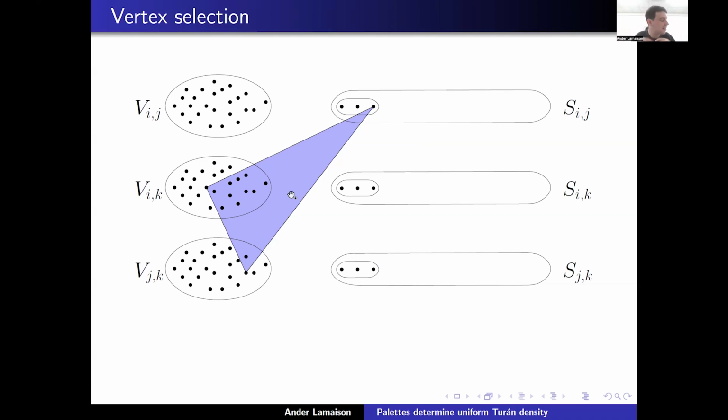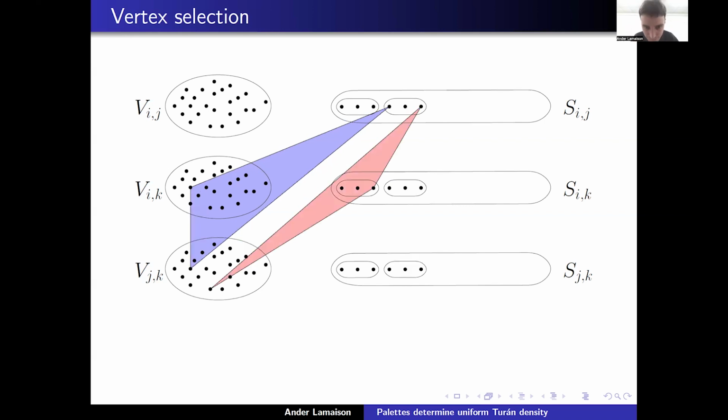And let's say that we will be happy if this is roughly the number that we expected. What we have gained with this is the fact that now, whether the selection on Sij is good or not, is completely independent of whether the selection on Sik is good or not. So we have gained some extra bit of independence.